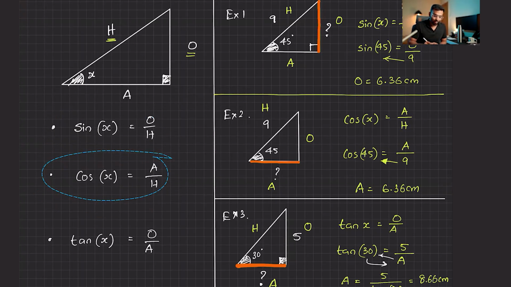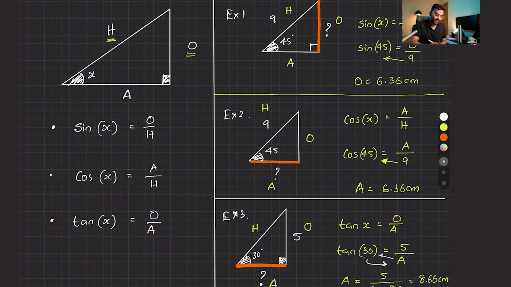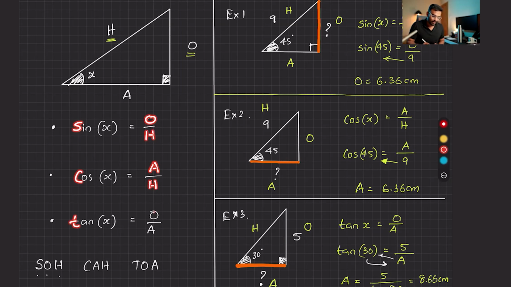There is an easy way to remember this, and that is SOH, CAH, TOA. SOH, CAH, TOA. That's how you would remember it. Is that okay, everyone? Did you guys understand this?